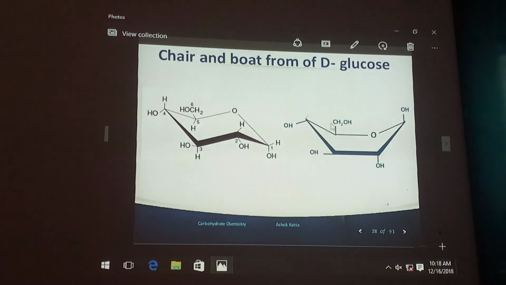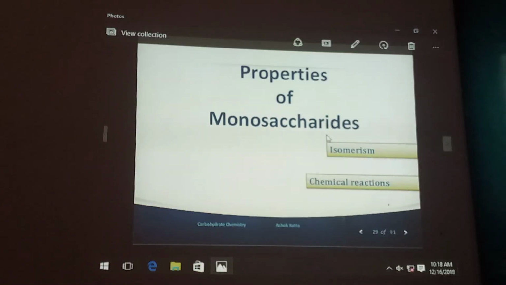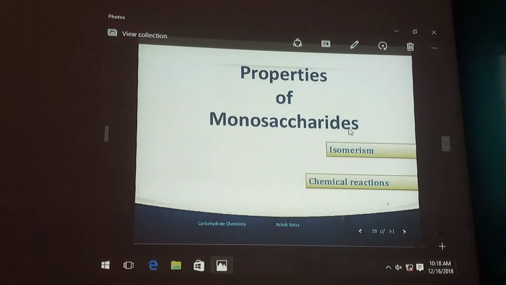Now the second structure represents a boat, so this is called a boat conformation, and in the same fashion it can be labeled from here: 1, 2, 3, 4, 5 and 6. So these were some of the conformations which explain the structures of monosaccharides.